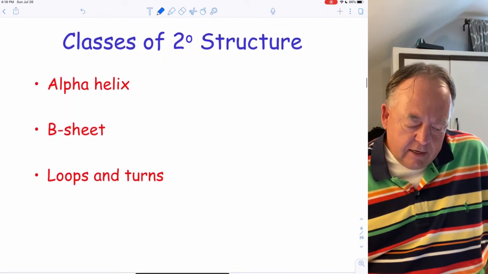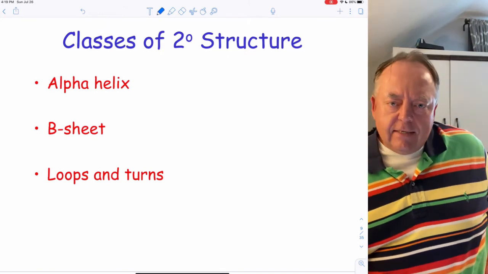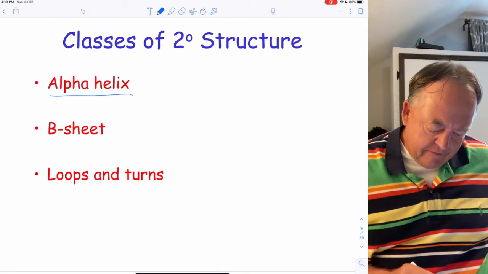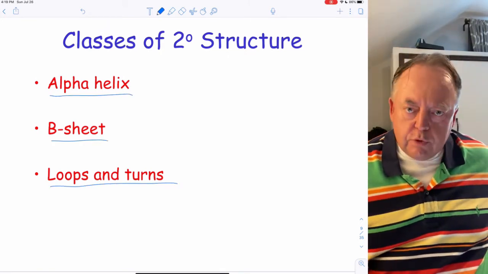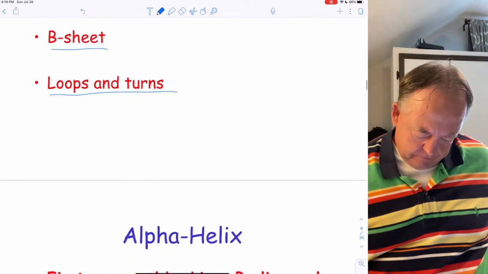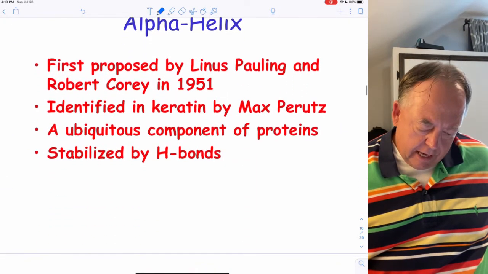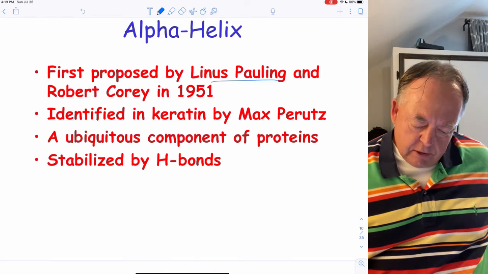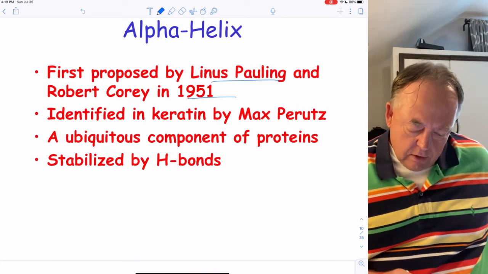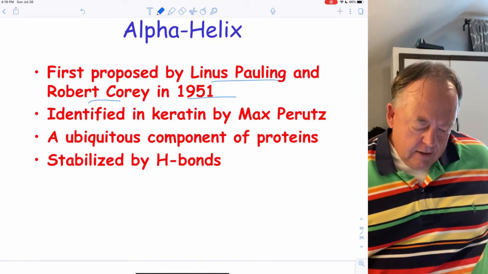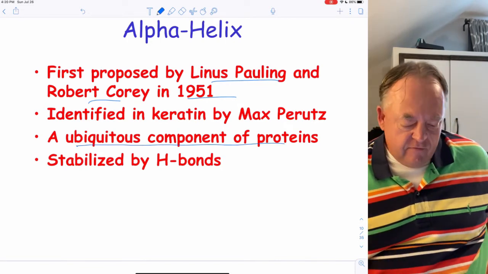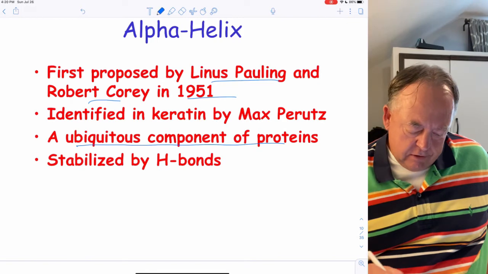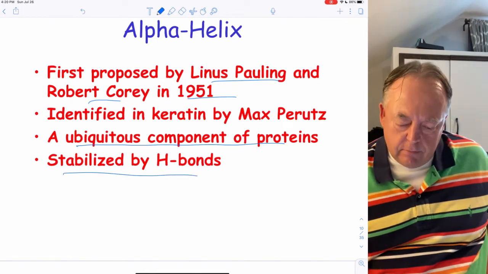In terms of secondary structure, we'll look at 3 different classes: what's known as an alpha helix, a beta sheet, and loops and turns. The alpha helix structure was first proposed in 1951 by Linus Pauling and Robert Corey. It's a ubiquitous component of proteins, a very, very common feature in proteins. It's stabilized by hydrogen bonds.